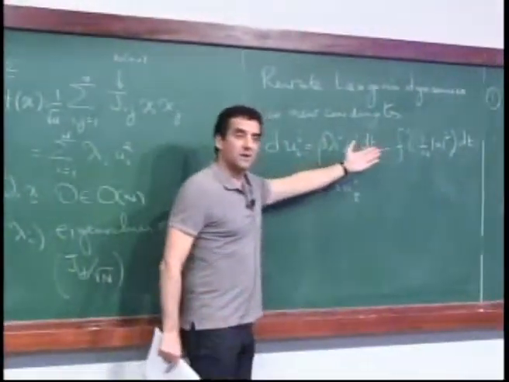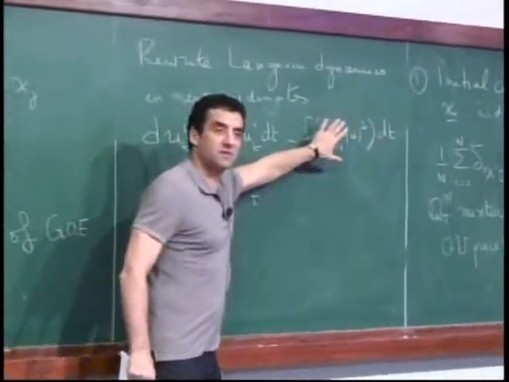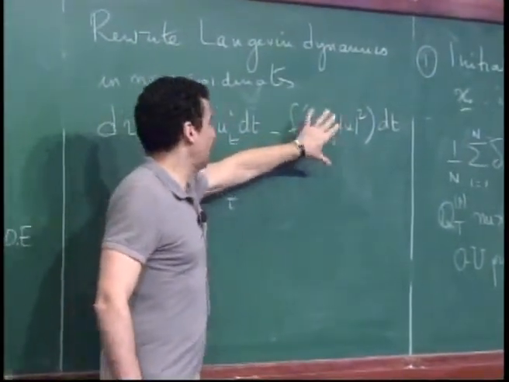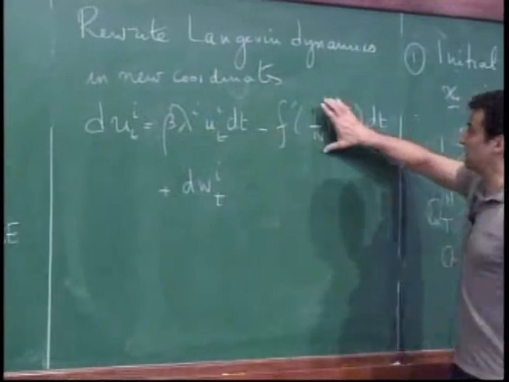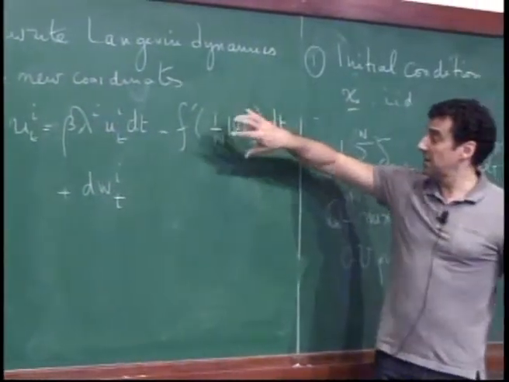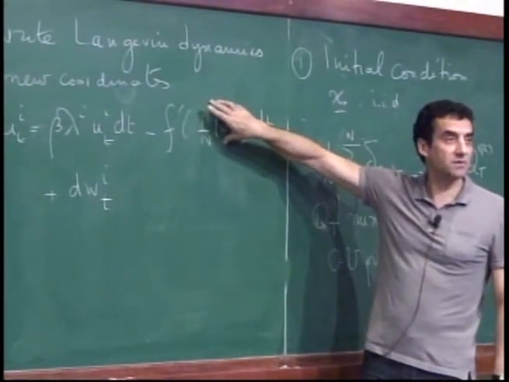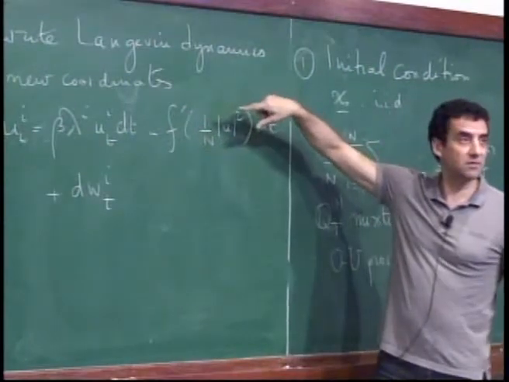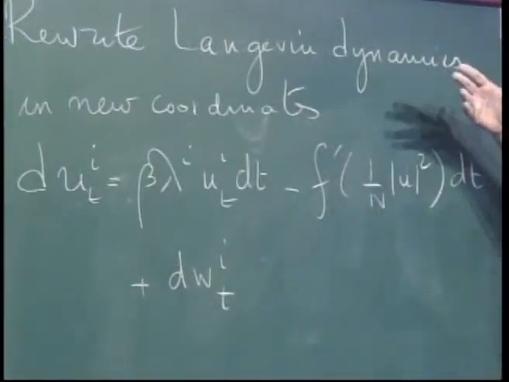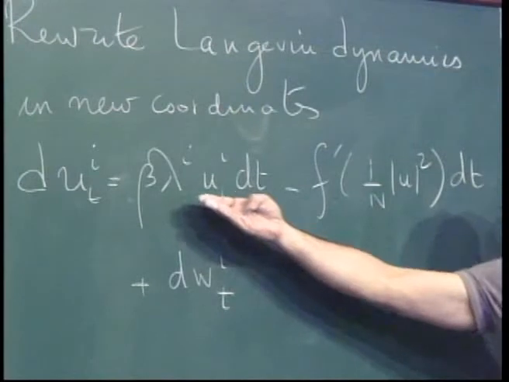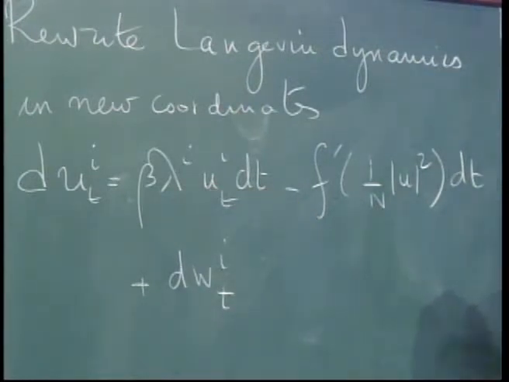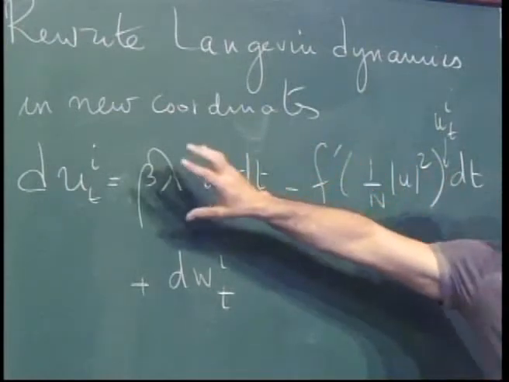Look at this. If you do the following, replace this by a constant. Imagine that this converges to a constant, and this becomes a constant. So now you have a large constant that you subtract from all these guys. Oh, and I forgot the UIT here. This large constant comes with the lambda i's.